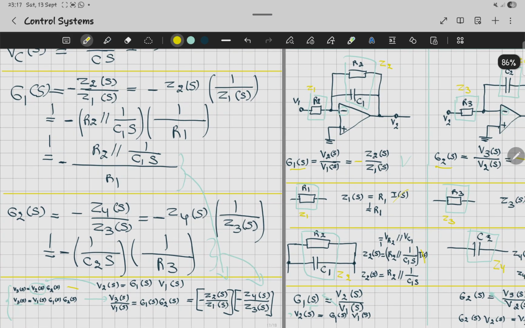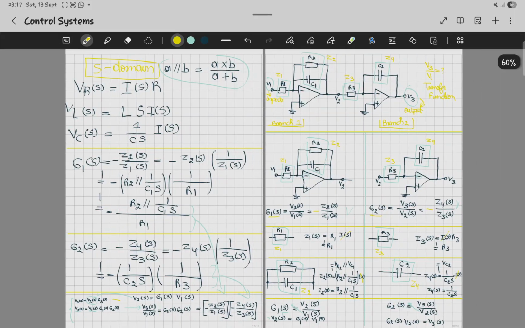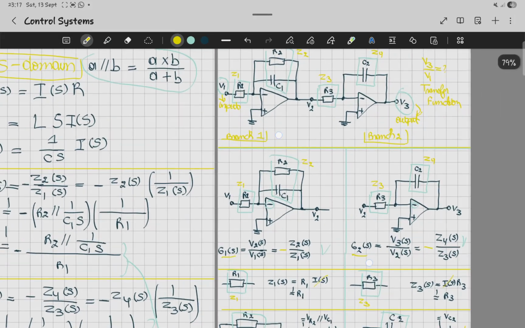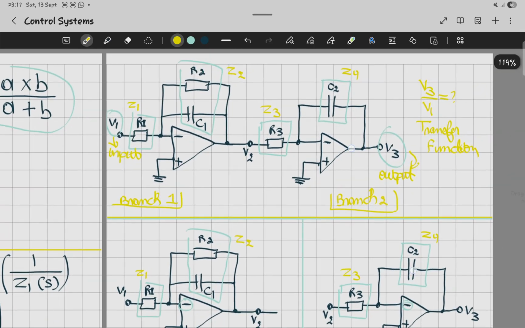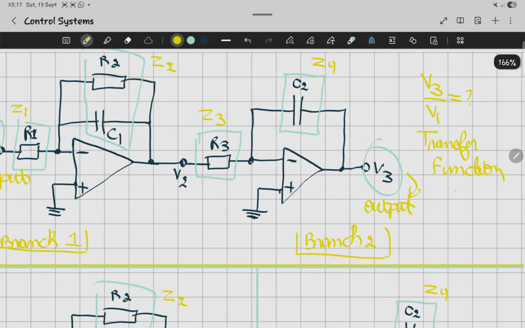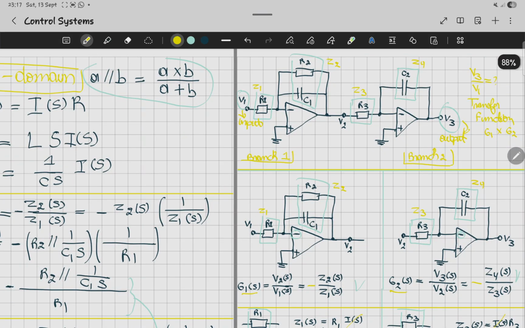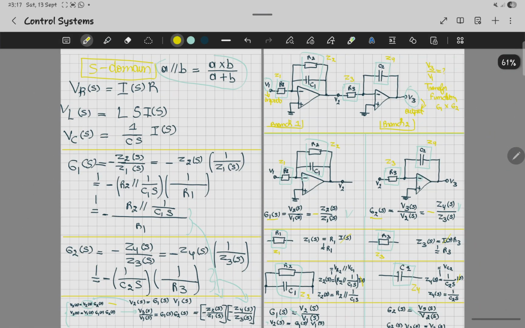For us to get the transfer function, the answer was J1 times J2. So it's actually this one here. Then we can just plug in the values and solve, and you'll be able to get your final answer to that question.